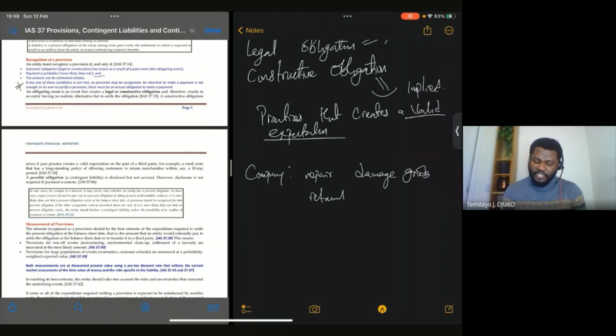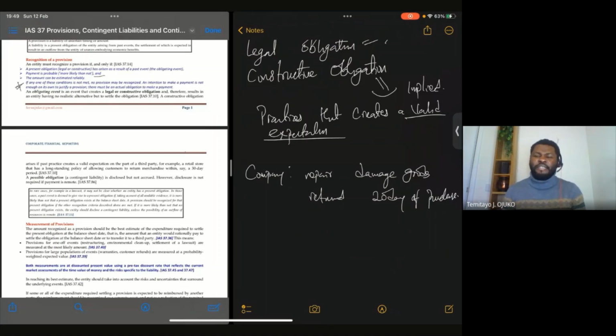The company is used to repairing damaged goods returned within 20 days of purchase. Now, let me explain something here. Where a company repairs every damaged good that is returned within 20 days, and take for example that this is not written down anywhere. It's just based on the practice of the company. In as much as you show your receipt, the company is willing to repair for you.